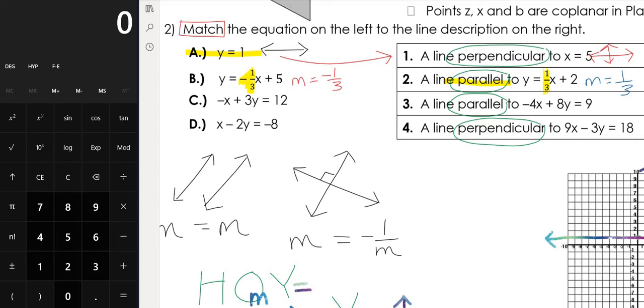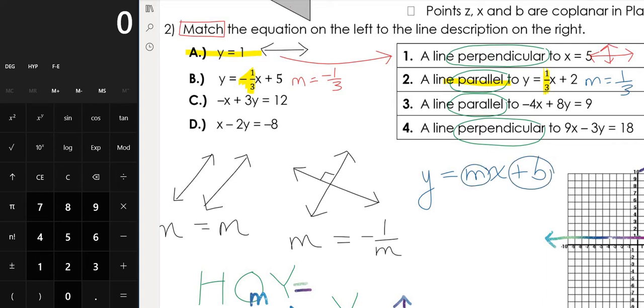Let's keep going. Take a look at C. I have this equation, but it is not in the form that we like to look at. Remember, all lines should always be in y equals mx plus b format, because then it's very easy to tell what your slope is and what your y-intercept is.